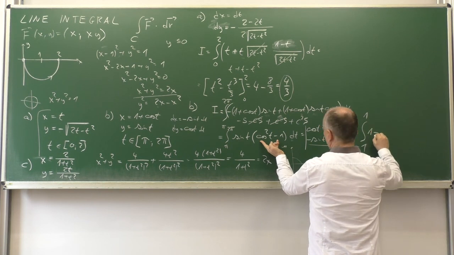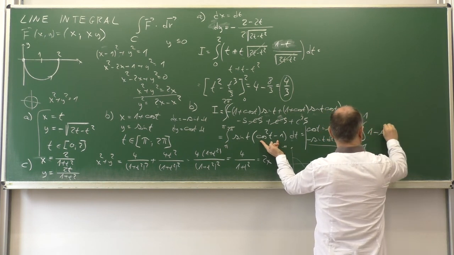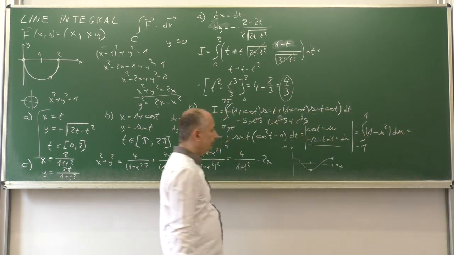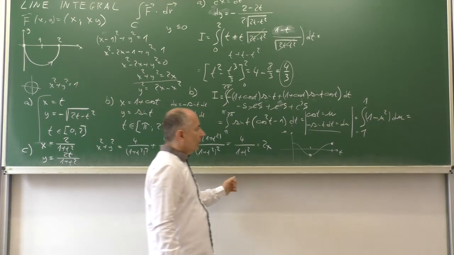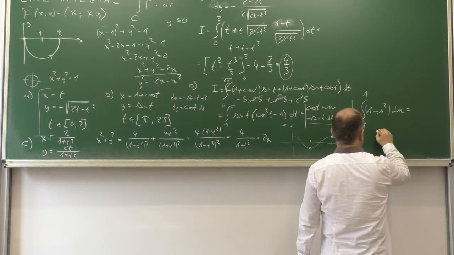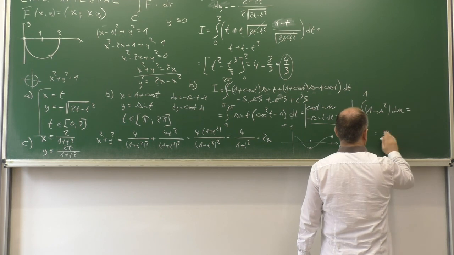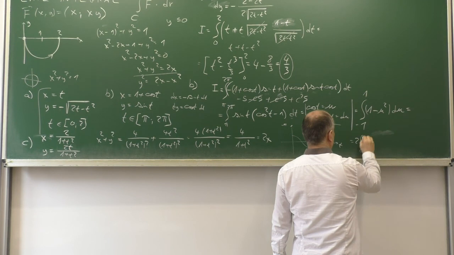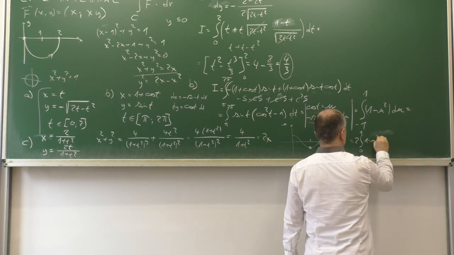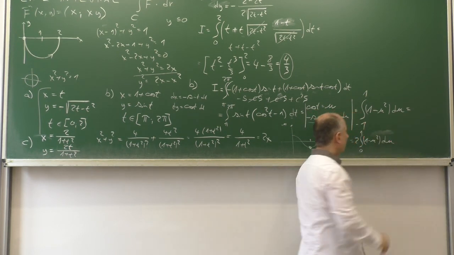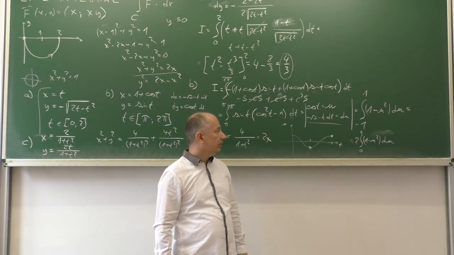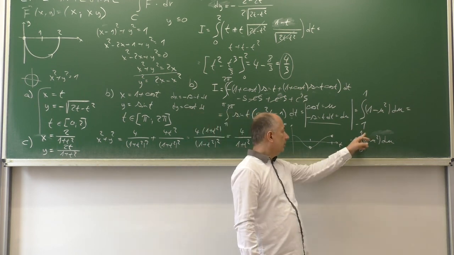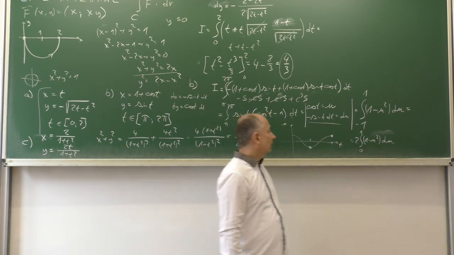And we have 1 minus u squared, since cosine is u. Then the antiderivative is u, well, yeah, and we can take 2 times integral from 0 to 1, because 1 minus u squared is an even function, and when integrated over a symmetrical interval, we can multiply by 2 and take only from 0 to 1.